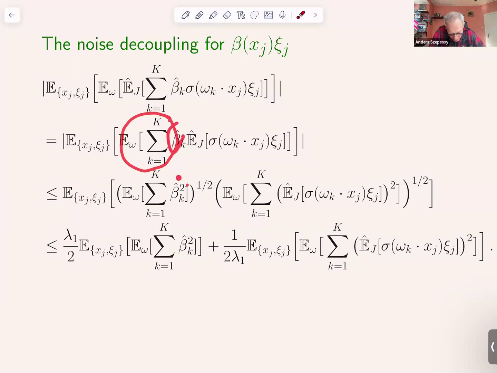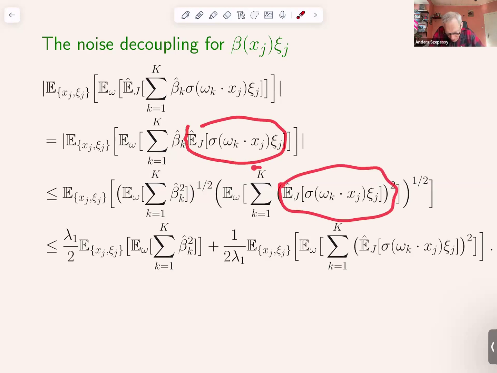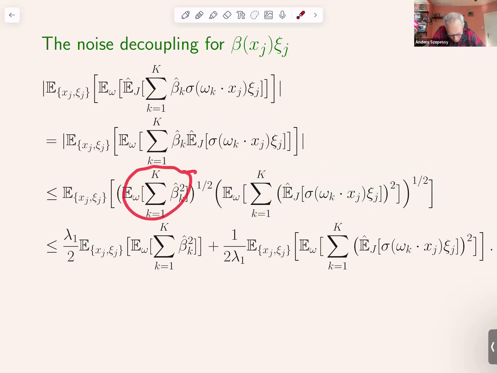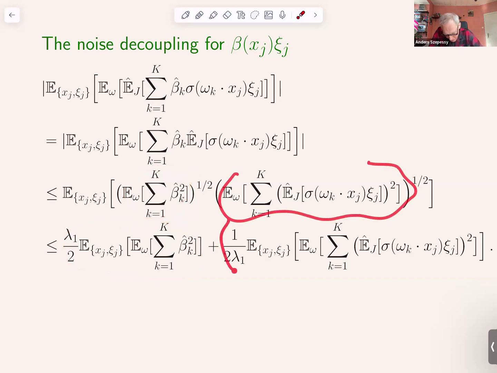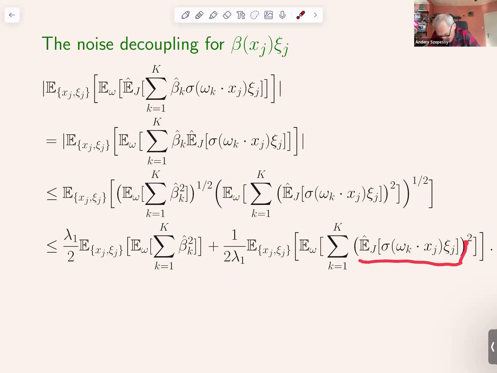So we get the amplitude squared, and square root. And then we have the empirical mean here, squared, and then the sum over the integration here, and then square root. So the first term, like before, arithmetic geometric mean, we obtain this. And the second term here, squared, we obtain that. 1 over lambda downstairs, and then the empirical mean here, squared, and the summation like that.